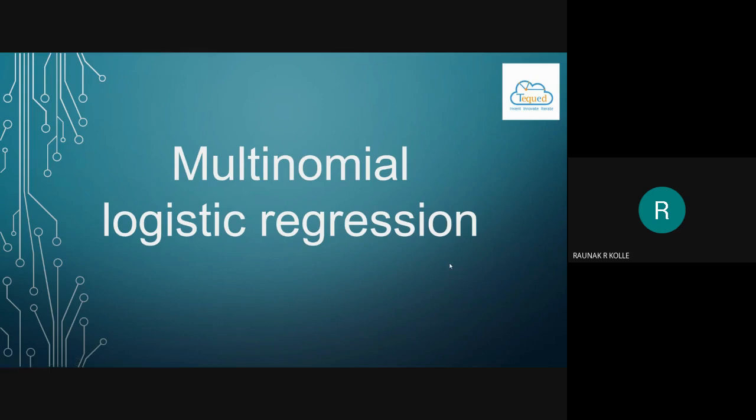Multinomial logistic regression. Logistic regression is a classification algorithm. It is intended for datasets that have numerical input variables and a categorical target variable that has two values or classes. Problems of this type are referred to as binary classification problems.